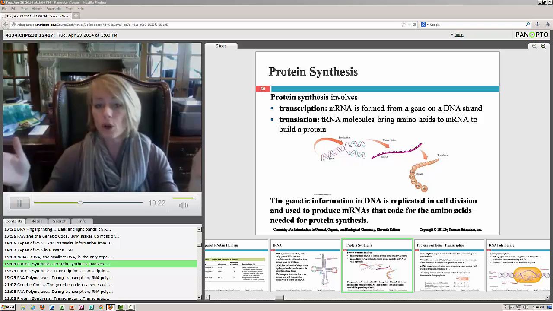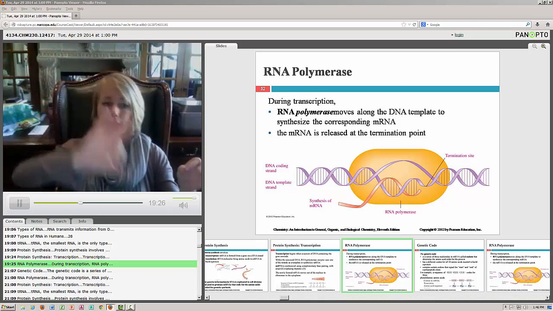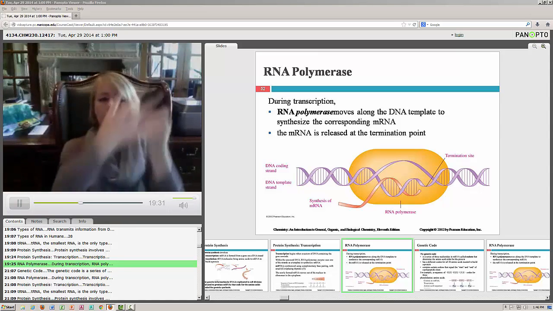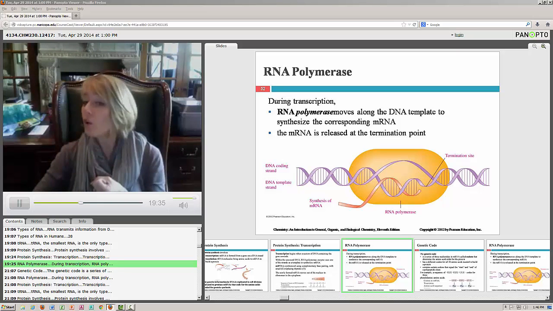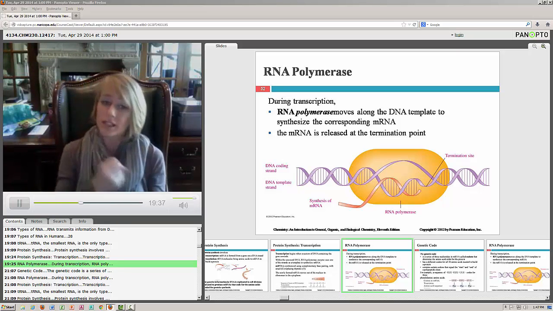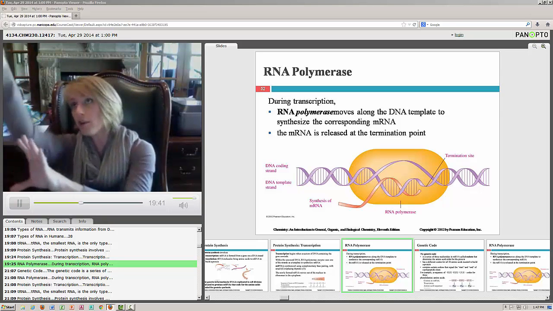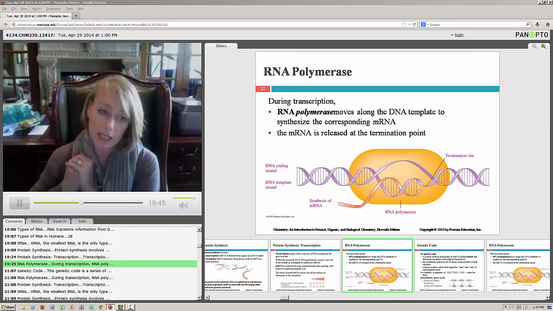Once it's opened up, a polymerase will attach to the DNA, and as it does, it will bring the nucleotides that correspond with that given base that's found on the DNA. So the polymerase runs along the DNA and it pulls down the appropriate base that is its complement.